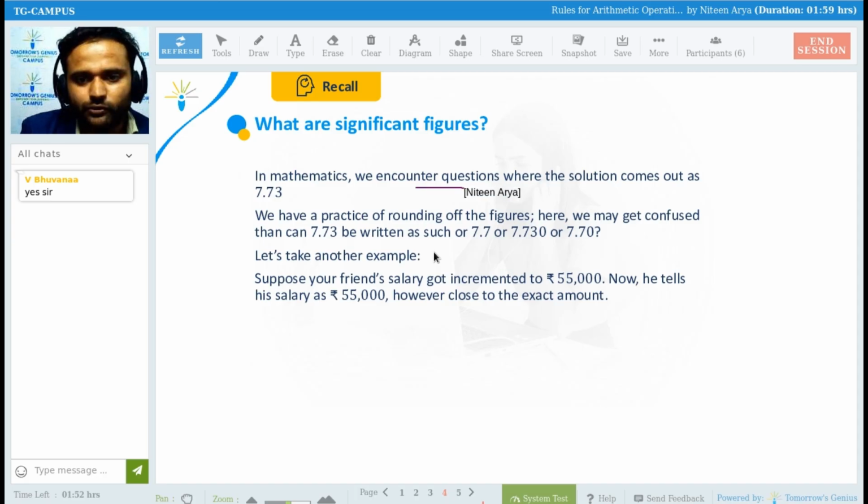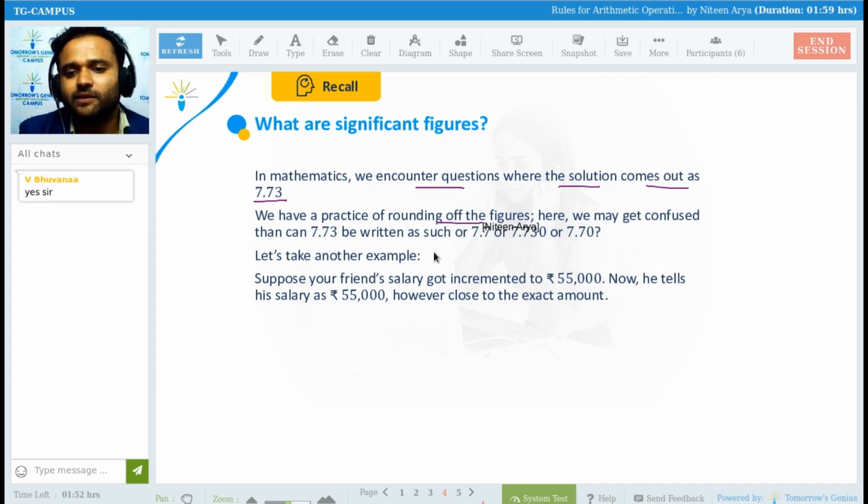In mathematics, we encounter questions where the solution comes out as 7.73, so we have a practice of rounding off the figures. So basically, what is the meaning of rounding off? Significant figures are just the numbers in whatever solution you get.